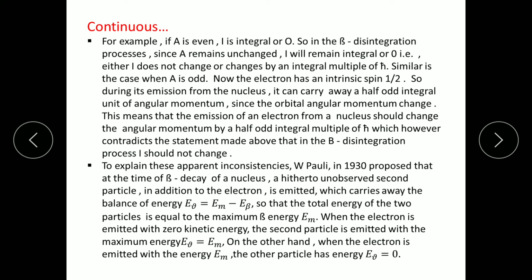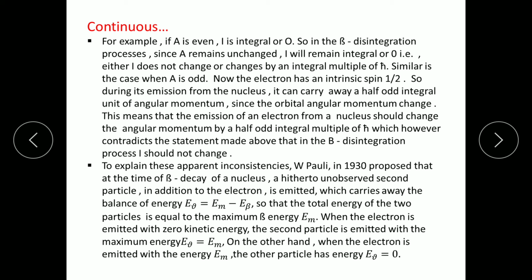But what happens? When there is emission of an electron with intrinsic spin 1/2, then there should be a change in the total angular momentum of that nucleus.